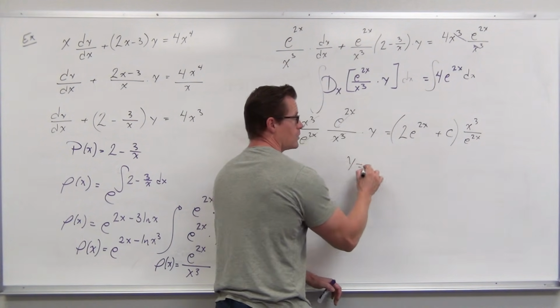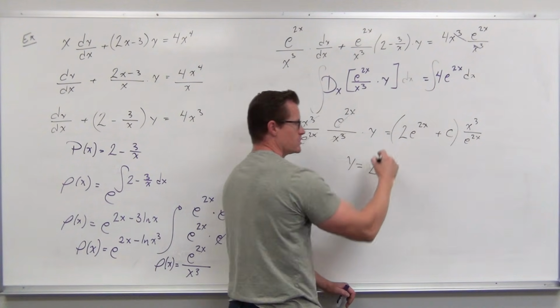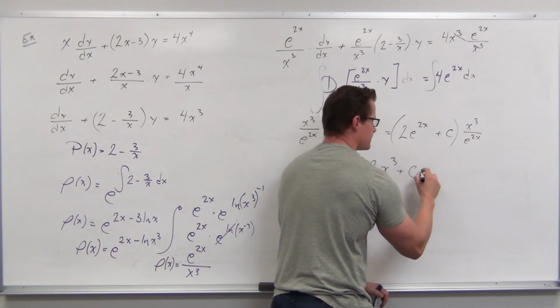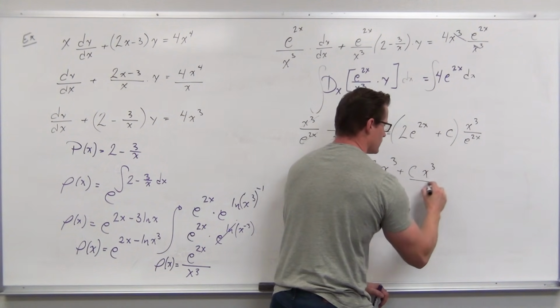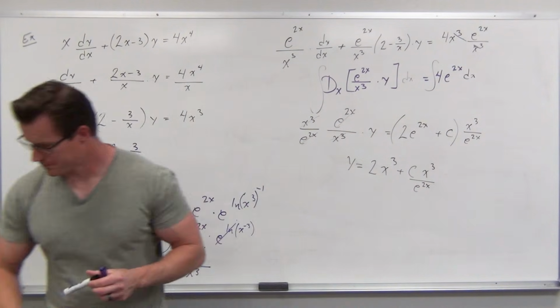So y would equal, we'd still have a 2, but you'd no longer have an e to the 2x when you distribute. You just have x cubed. But we're going to get both of them on the c. That's about as good as we can do on that problem.